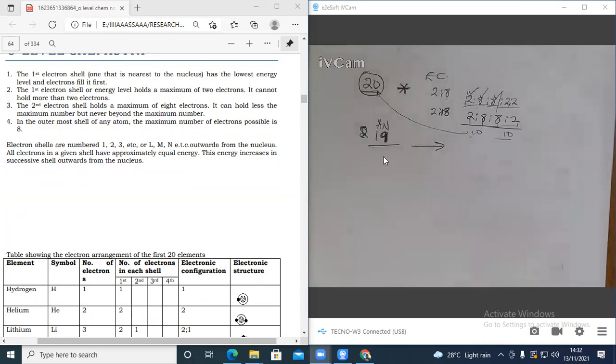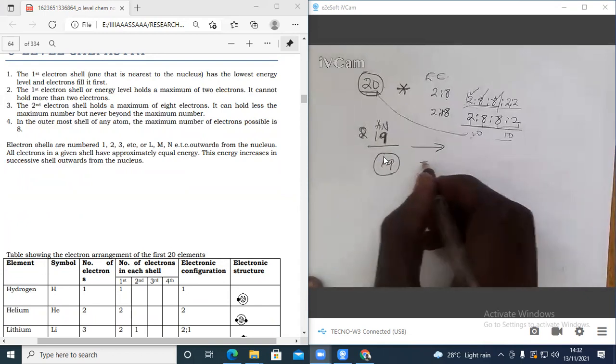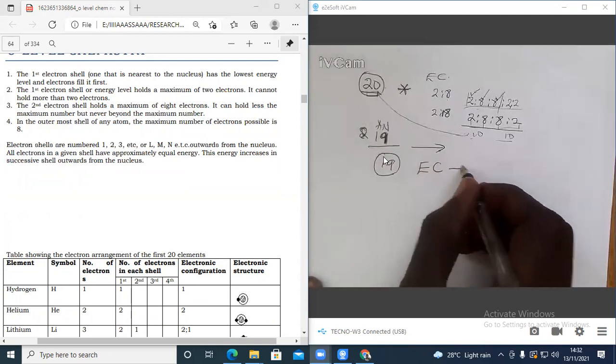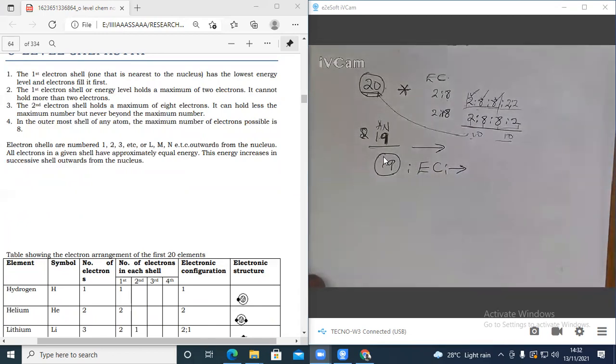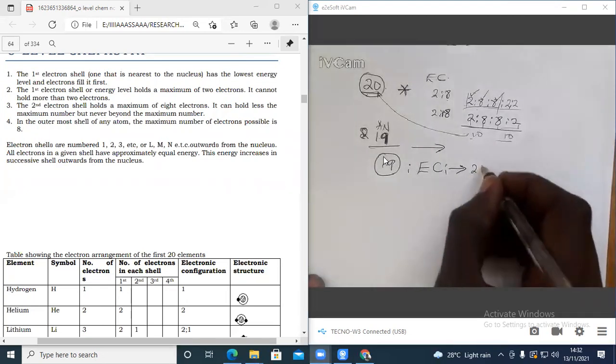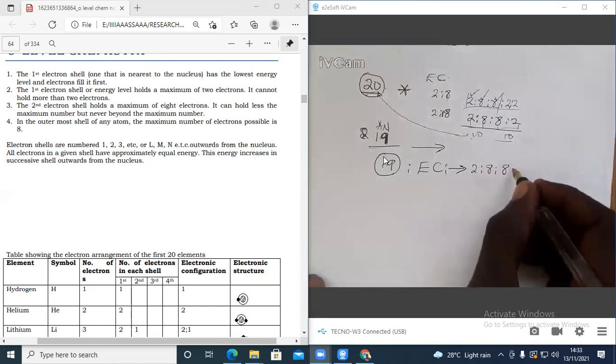If something has atomic number 19, what is its electronic configuration? 2 to 8 to 8 to 1.